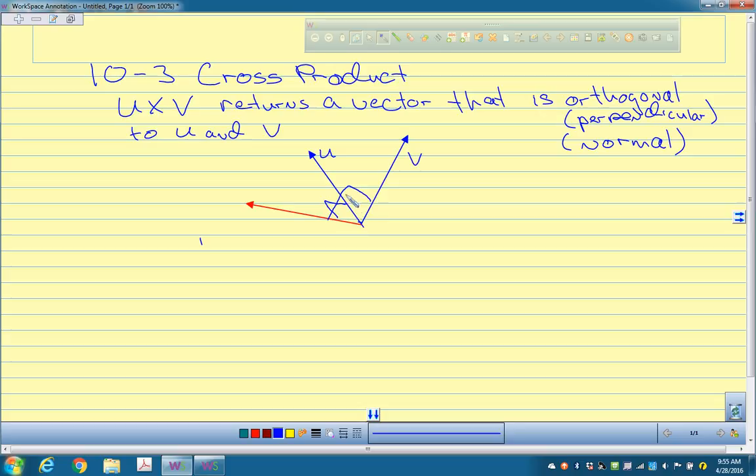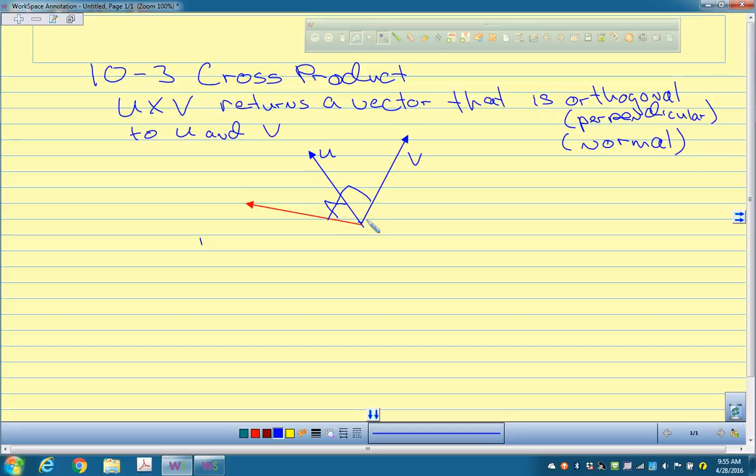It's possible. It's like U is going straight up. Another way to think of this is the right-hand rule. Here's vector U, here's vector V, and your thumb is the resultant vector that's perpendicular to those two vectors.